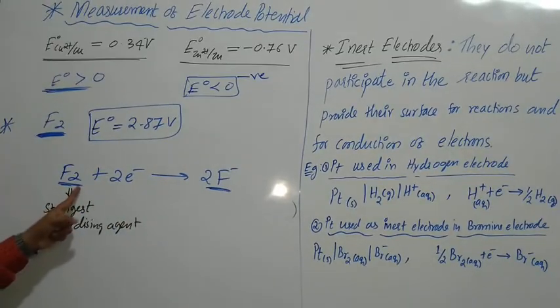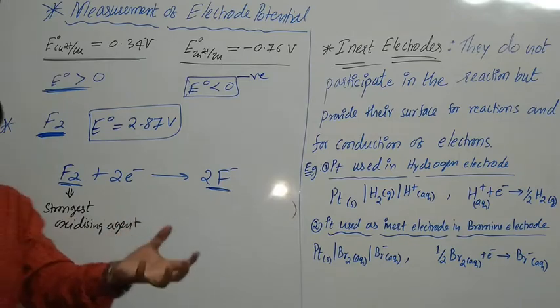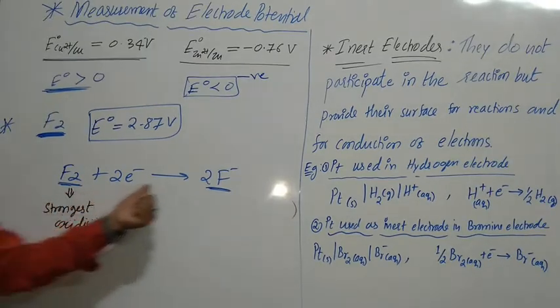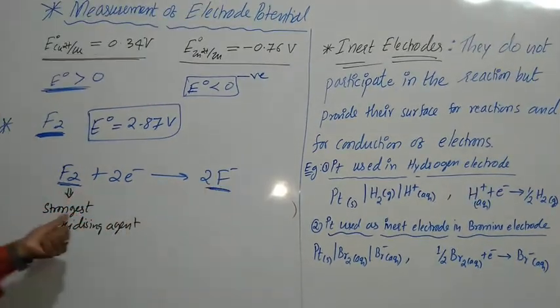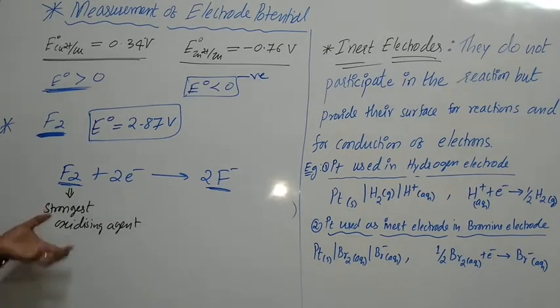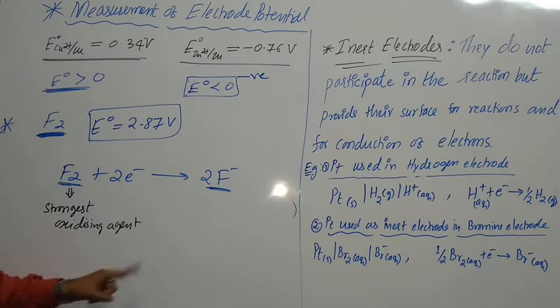The element or compound which takes electrons and is reduced itself is called an oxidizing agent. So our fluorine is the strongest oxidizing agent.